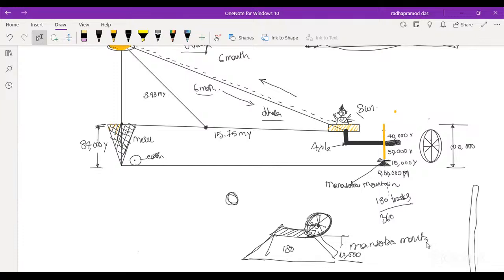Then the top of it is actually straight? I thought it is slanting, but it is straight on the top, with 180 tracks.